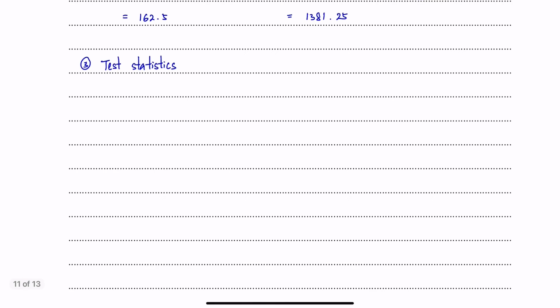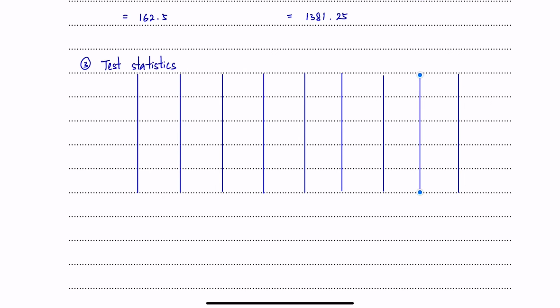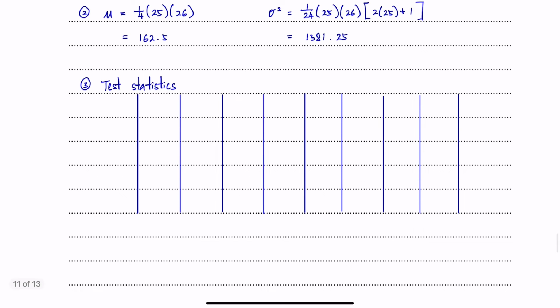We can draw a table. I would use different colors to differentiate the values.